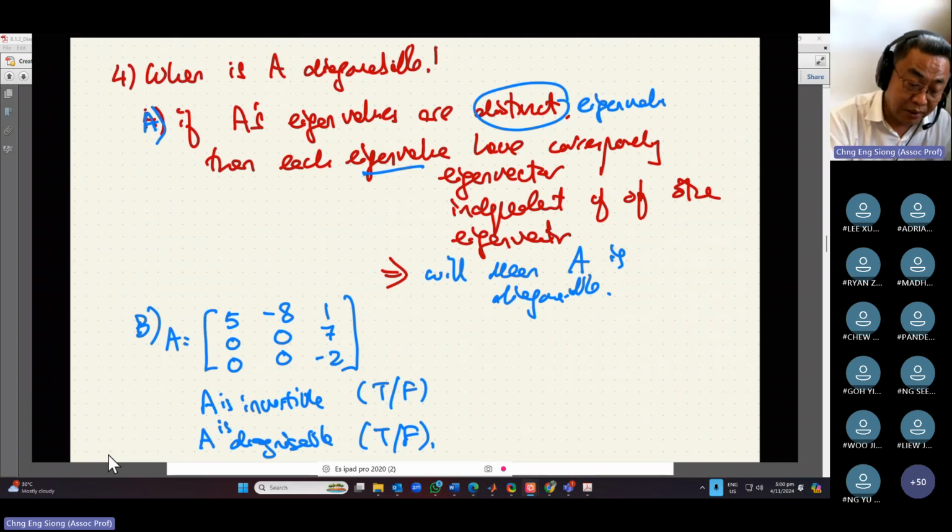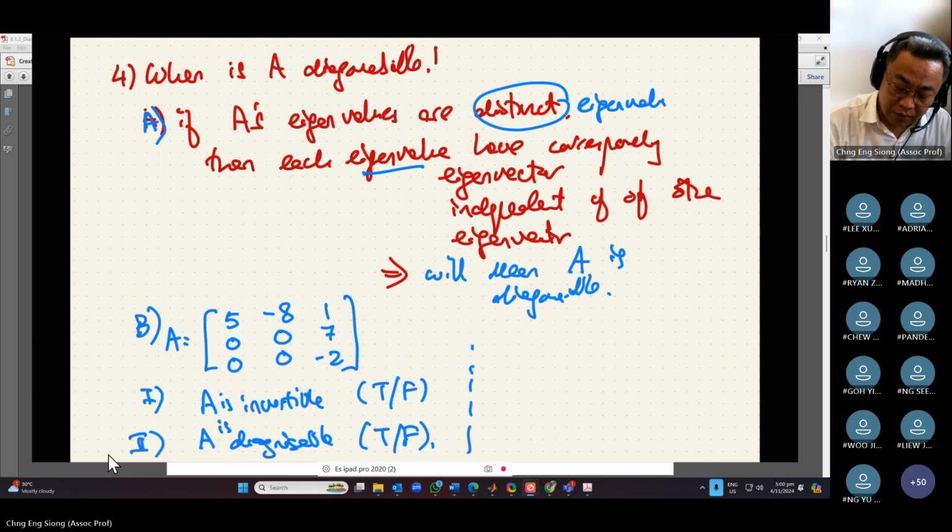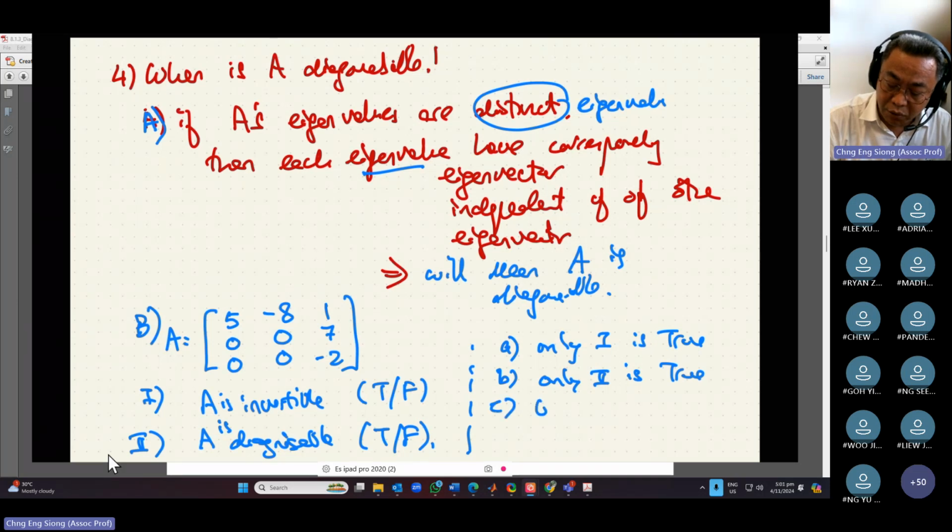And then the quiz is this, guys. For example, this is statement 1, statement 2. A, only 1 is true. B, only 2 is true. C, both 1 and 2 are true.